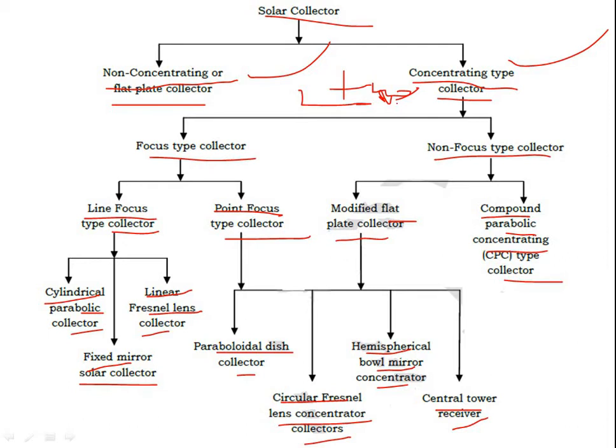Now we will be discussing concentrating collectors. Concentrating collectors can be used to generate steam of medium temperature and pressure. They use different arrangements of mirrors and lenses to concentrate solar radiation for effective generation of steam in boilers and other devices.